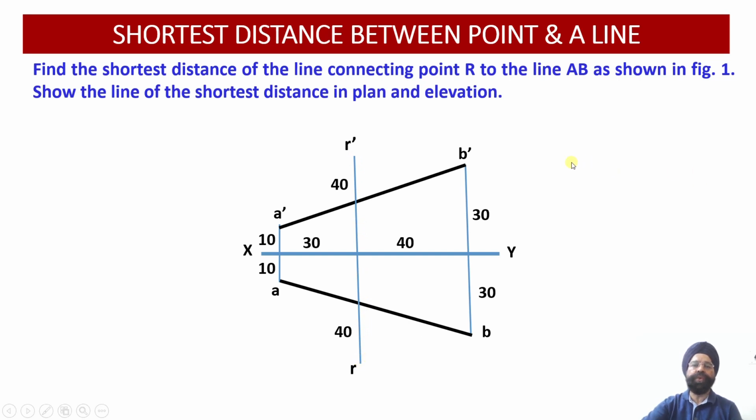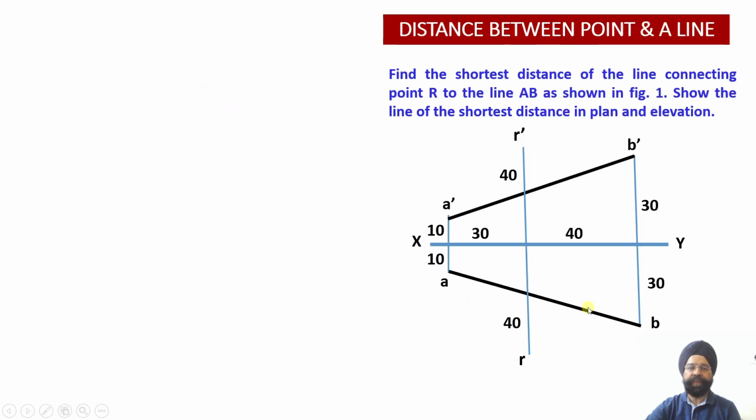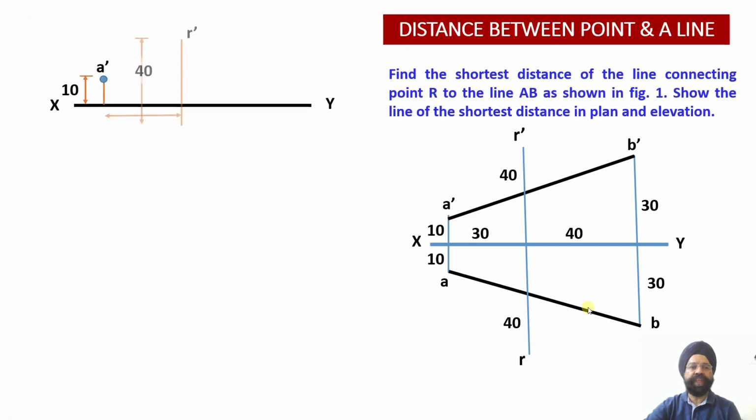Now we need to use the method of the auxiliary planes to determine the shortest distance between a point and a line. First of all, we are going to draw the given set of data onto our drawing sheet. So here we start with this. The coordinates of the ends A dash, R dash and B dash we have drawn.